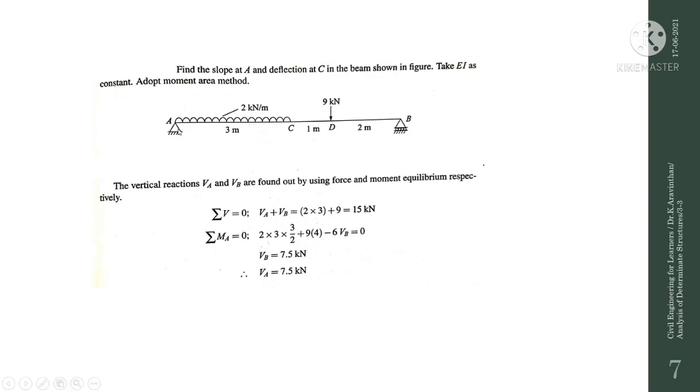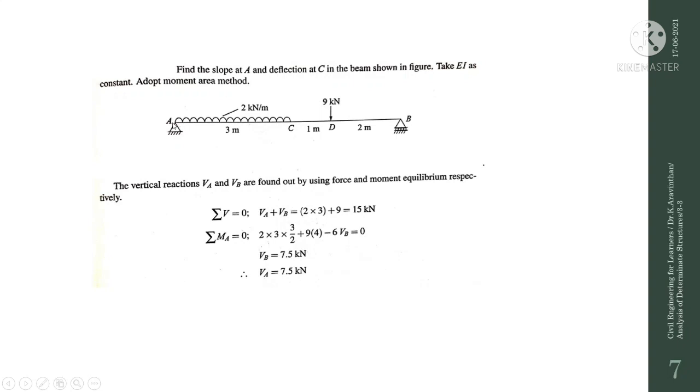In order to find RA and RB, you have to take summation of V equal to 0: VA plus VB equals 2 into 3, that is the intensity, which is 6, plus 9 kilonewton. So totally 15 kilonewton, which is acting downward.